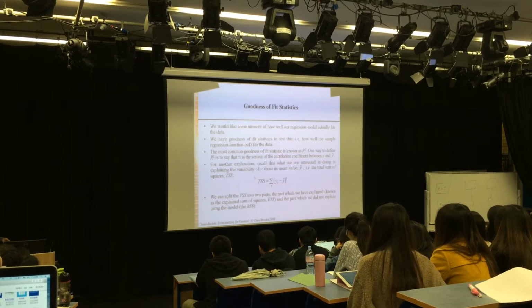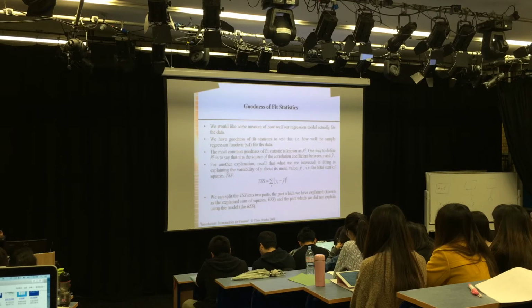So we split that total sum of the squares into 2 parts: the explained sum of the squares, which is explained by the model, and the residual sum of the squares, which isn't explained by the model, which is the residuals or the forecasting error that we mentioned before.